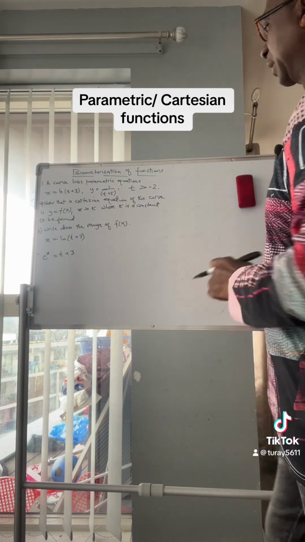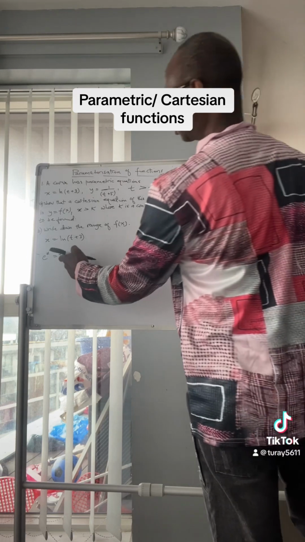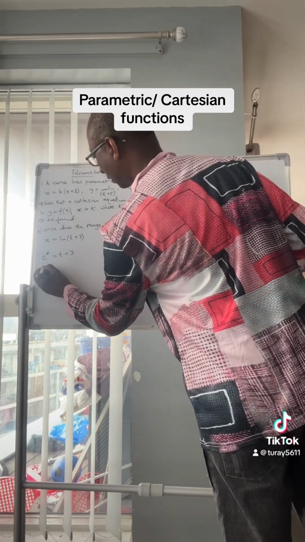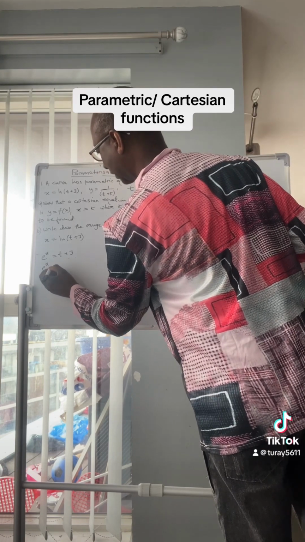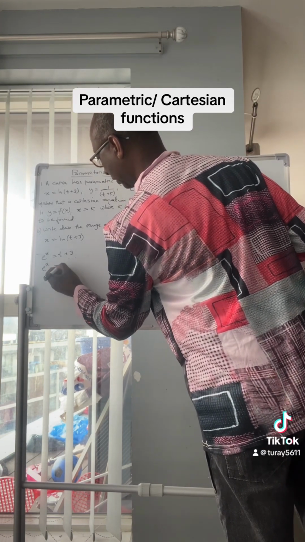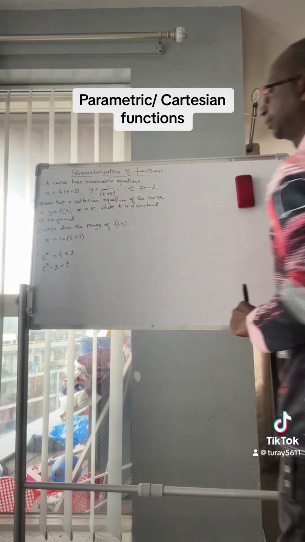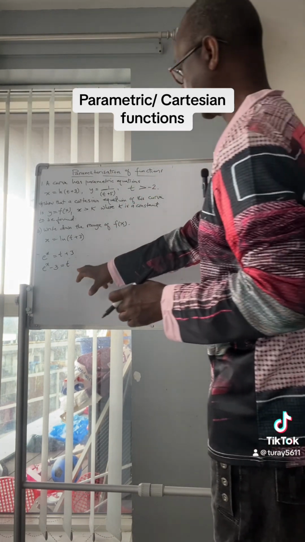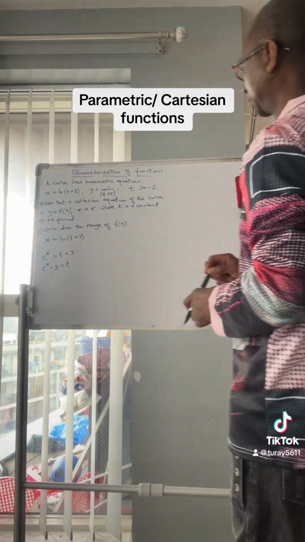But for now, let's do it this way. You want to make t the subject of the formula, so you have e raised to the power of x minus 3. This will give you t. Now you know what t is from this equation.